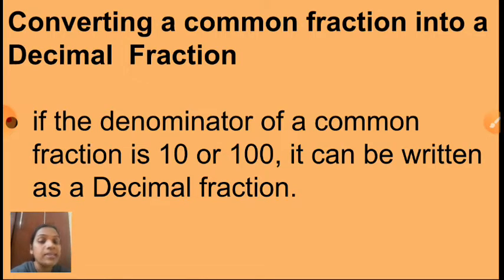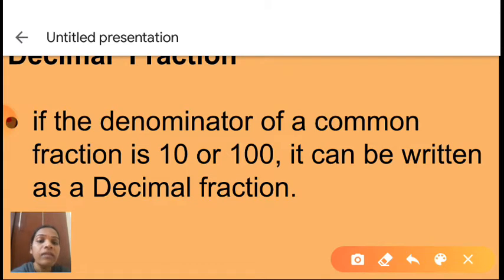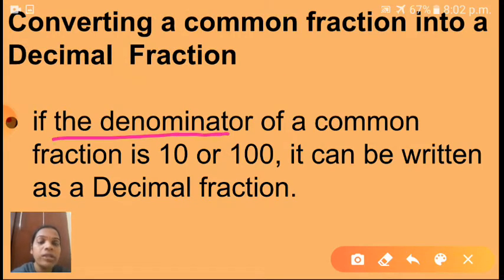Okay children, see here, first is converting a common fraction into a decimal fraction. You have to study this point: if the denominator of a common fraction is 10 or 100, it can be written as a decimal fraction.